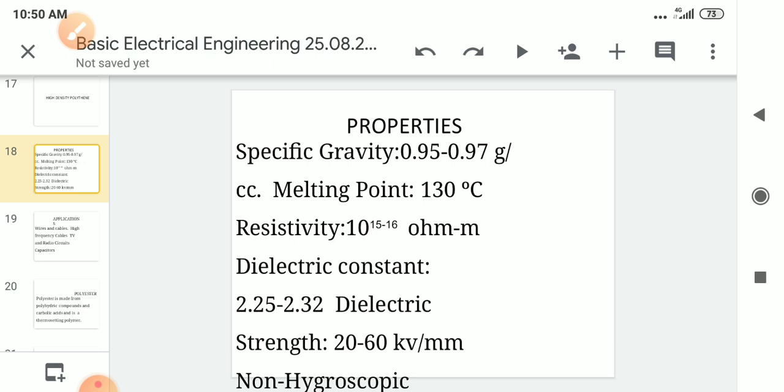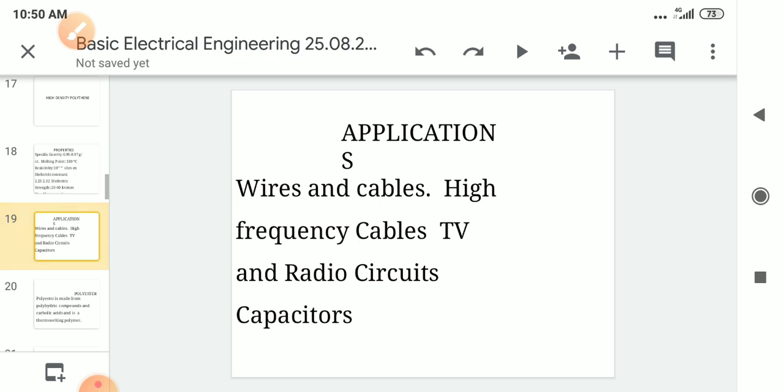That's why it is not used in iron boxes, hot plates, that type of applications like Teflon, right? So what are the applications for this? The applications are wires and cables, high frequency cables, TV and radio circuits, capacitors. These are the applications.